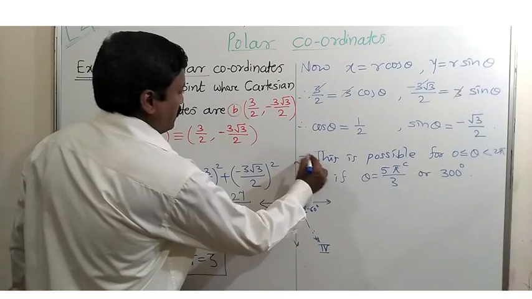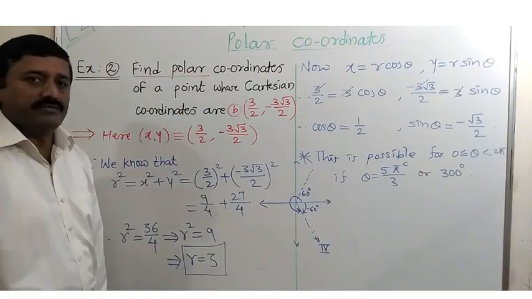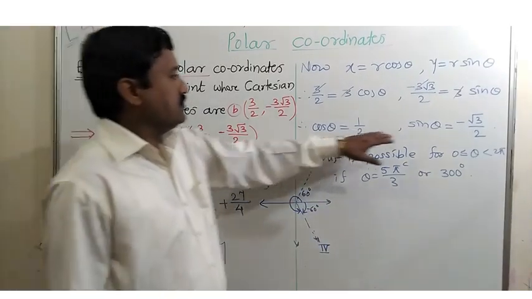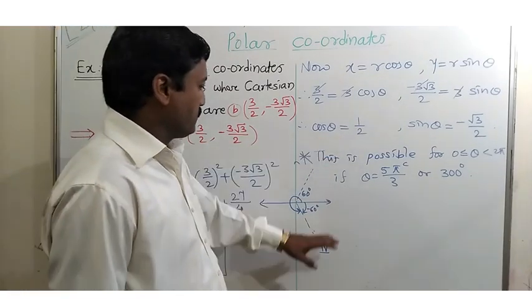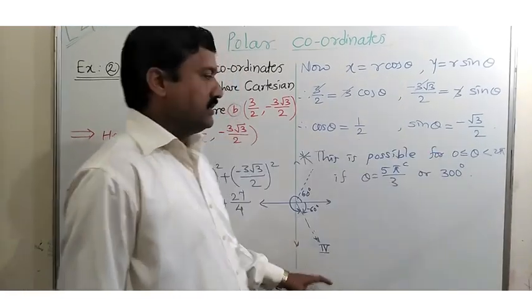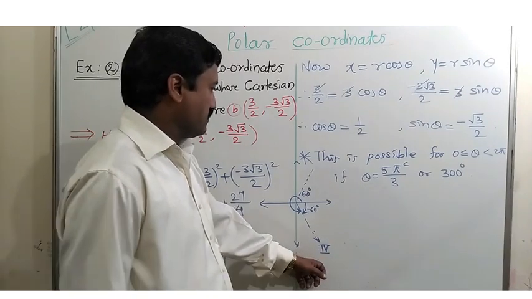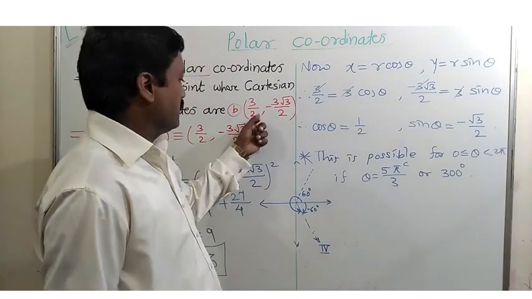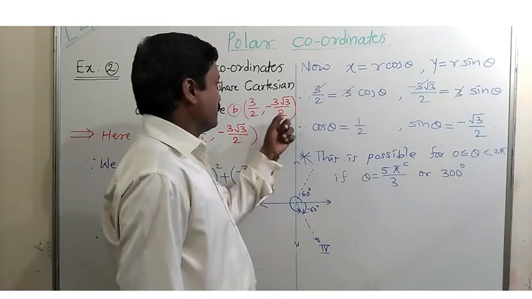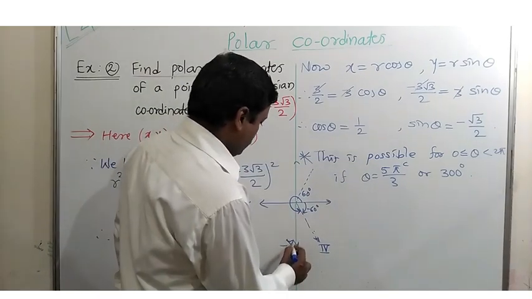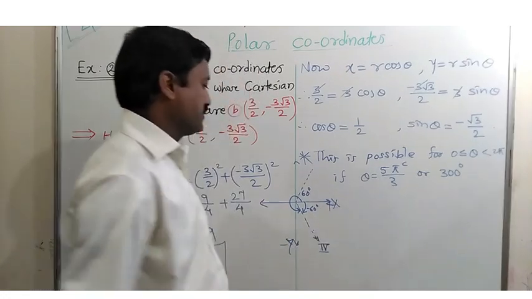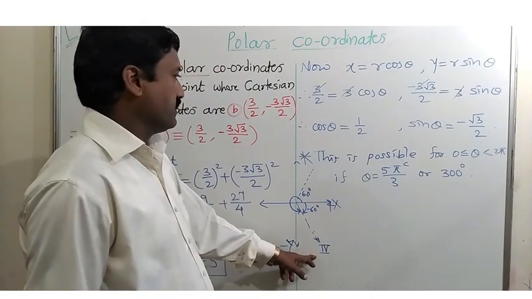So this is important, that we have to decide the value of theta by knowing these two values of sin theta and cos theta. Here cos theta is positive, sin theta is negative. So in this quadrant, the x coordinate is positive and y is negative. So the point will be here.